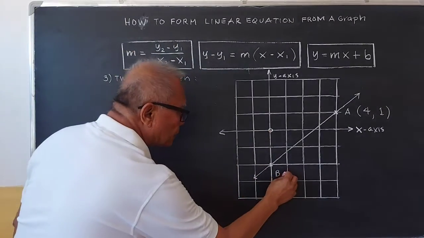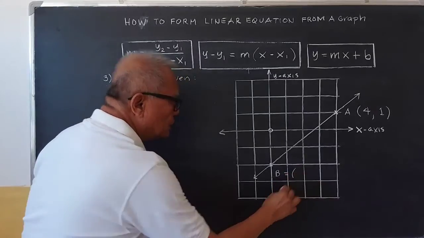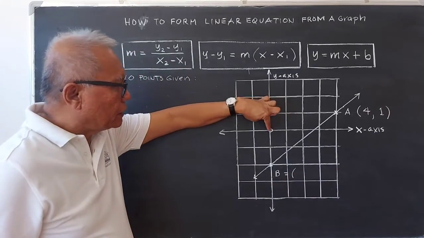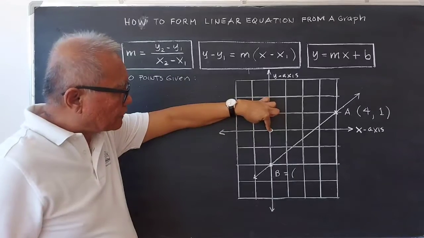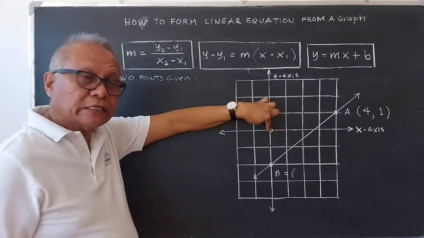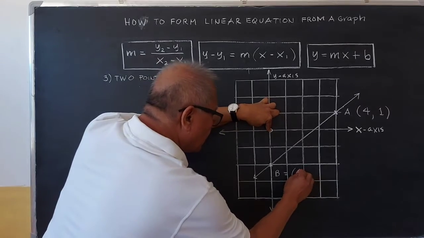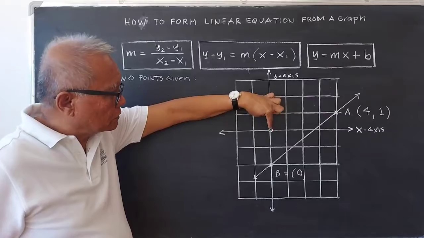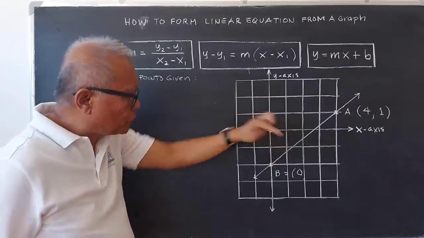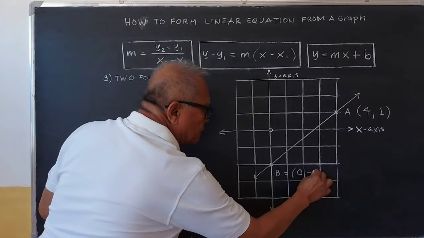For point B, this one. So we are here. So we will not go to the right, we will not go to the left. That means our x is 0. So we have 0 here, and then we go down 1 and 2, so that is negative 2.